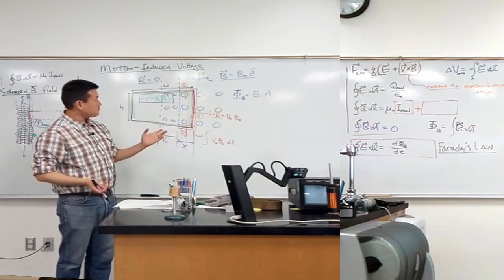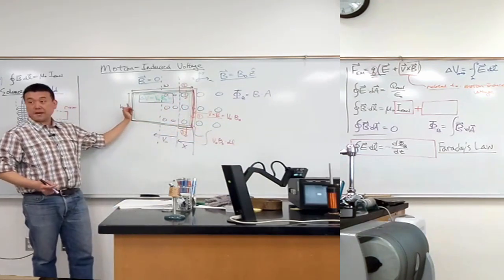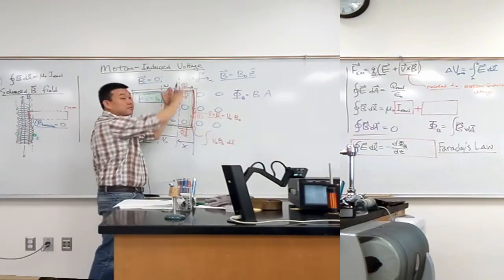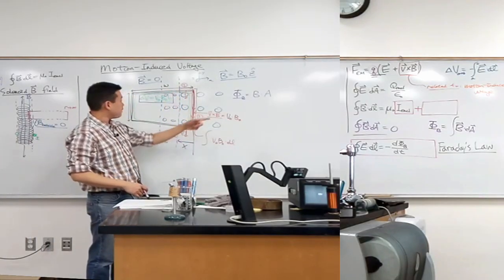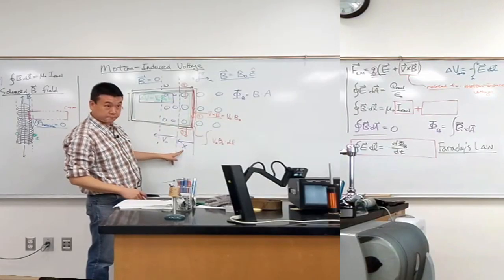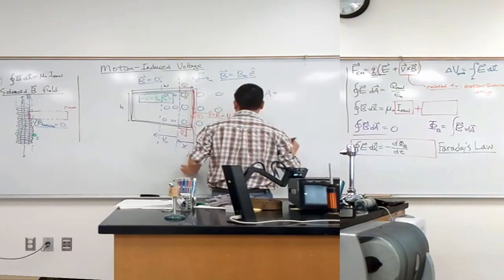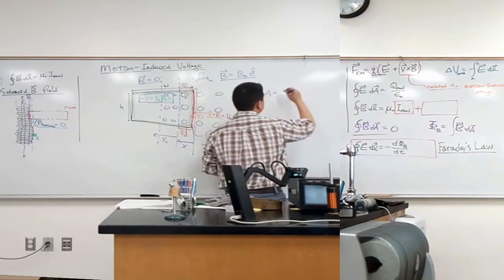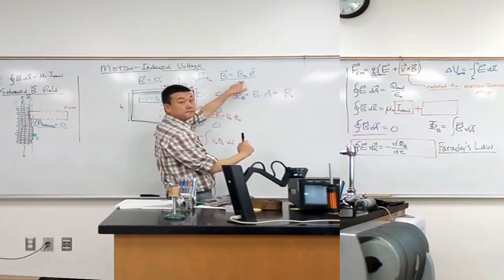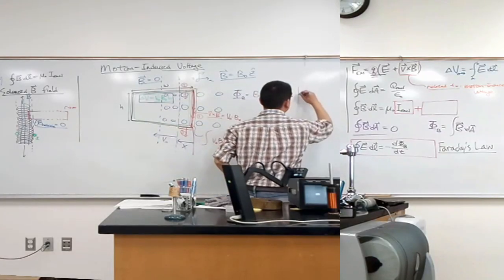It's not the area of the entire loop that I'm interested in, it's the area of this portion of the loop. That area is the height, h times x. So the magnetic flux as a function of x is B naught times h times x.